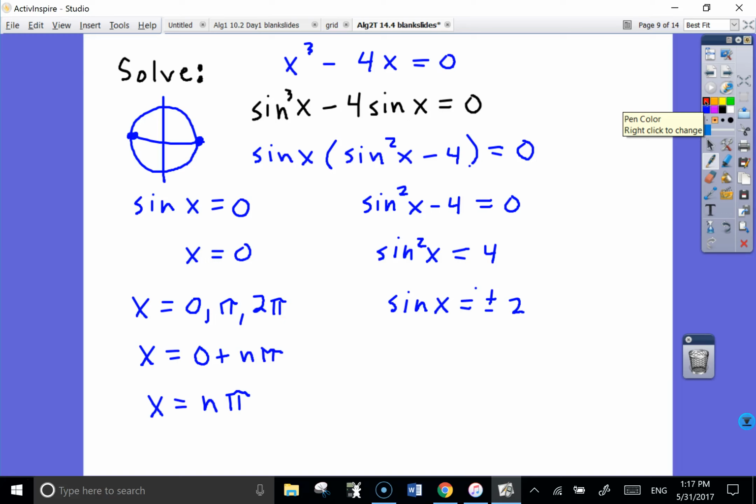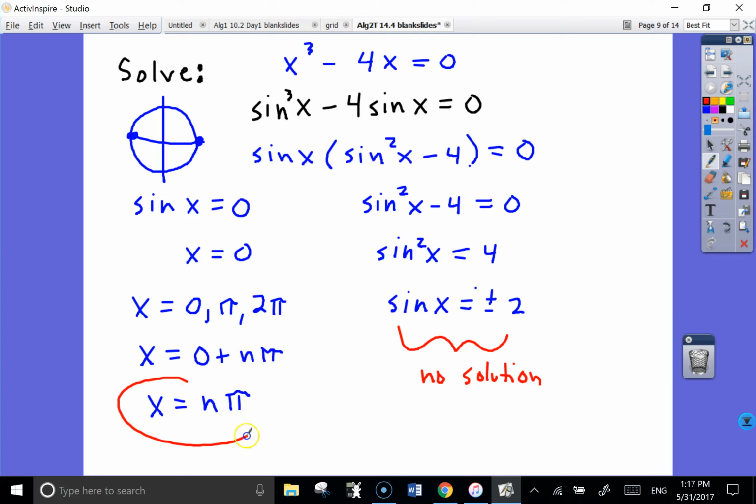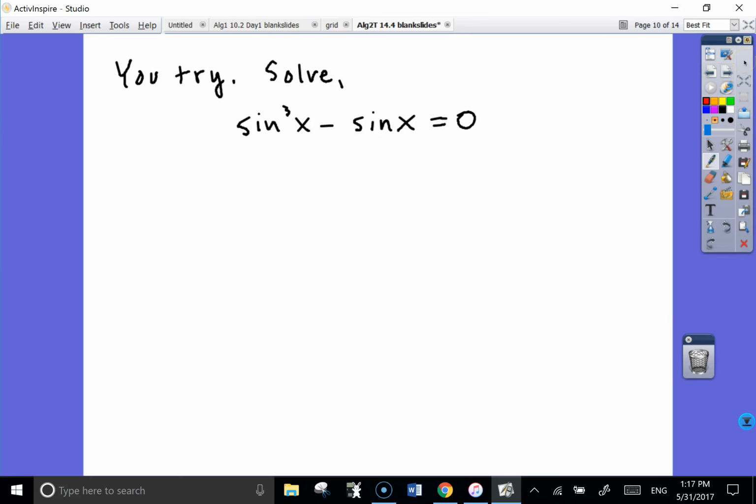So this is no solution. The range of the sine function is negative 1 to 1. So the only answer is this one right there. Okay, try this one. Try that one.